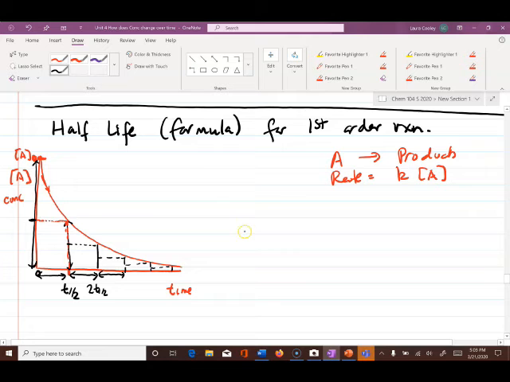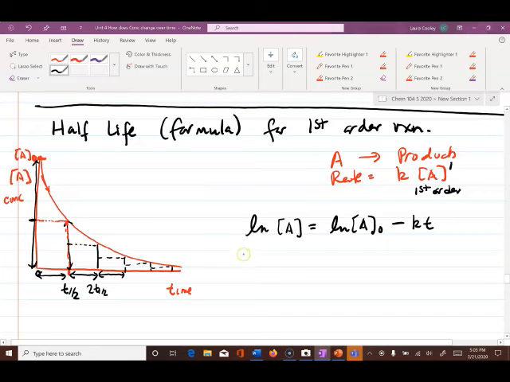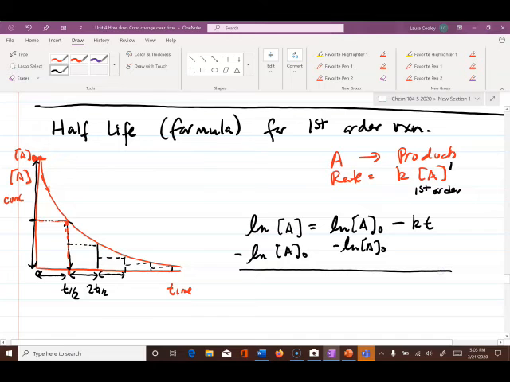So in order to get a formula for the half-life, we start out with this equation that we've used before, which, like I said, is only for first order reactions. What I'm going to do is subtract the log of A0 from both sides of this equation.